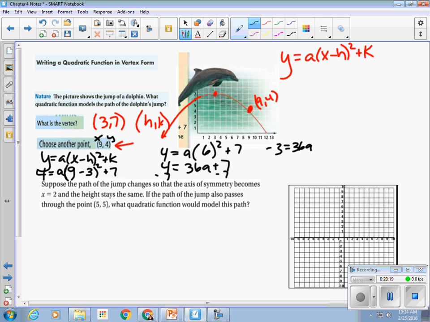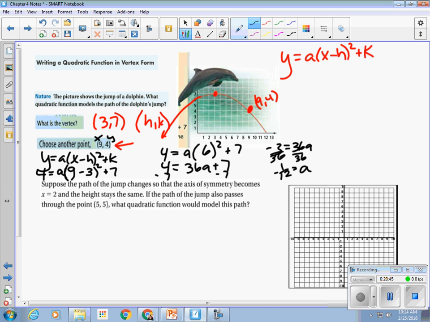I'm going to divide both sides by 36. Plus or minus 7? Or is it? This is 4 equals a times 6 squared plus 7. Then it is 4 equals 36a plus 7. Then I subtract 7 from both sides. And then I get a equals negative 1/12.